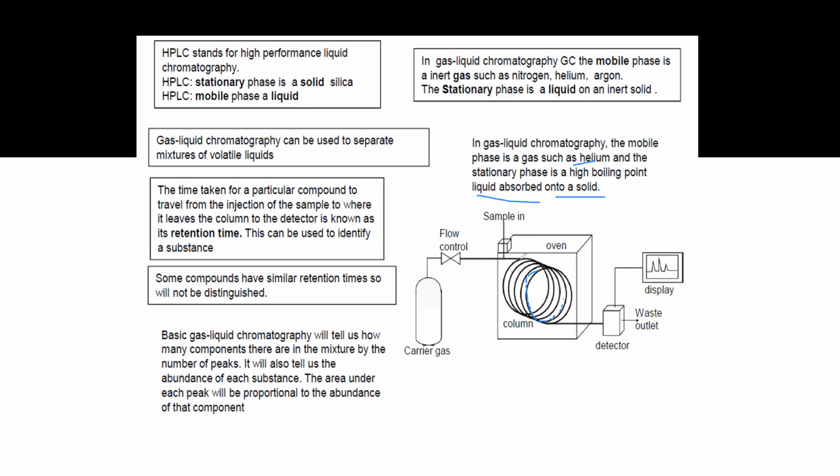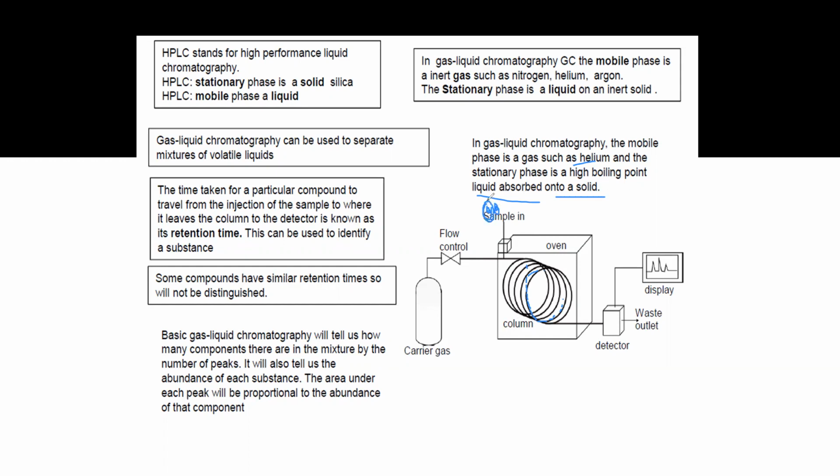As the carrier gas takes the sample, say a mixture of two substances A and B, A and B flow with the carrier gas and experience attraction towards the stationary phase.